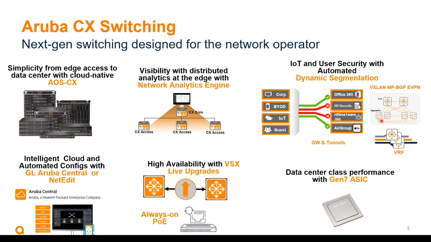But we also have an east-west solution as well with a switch, where we use ClearPass Policy Manager with things like VXLAN and multi-protocol BGP with EVPN, which can also be used in the campus as well as the data center.